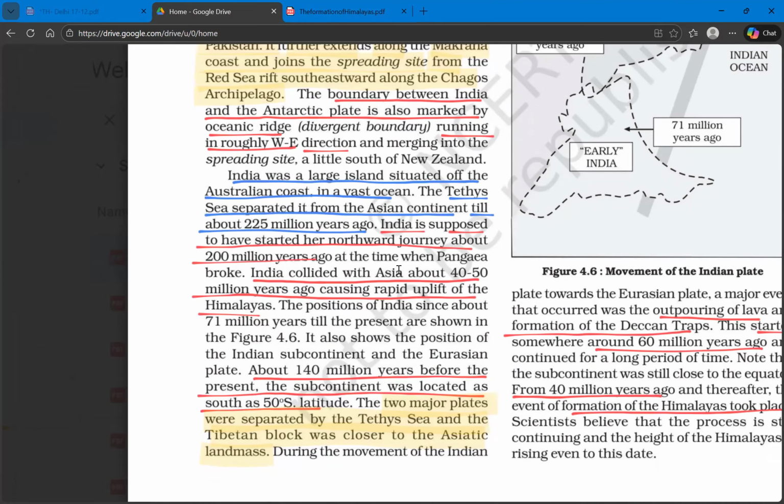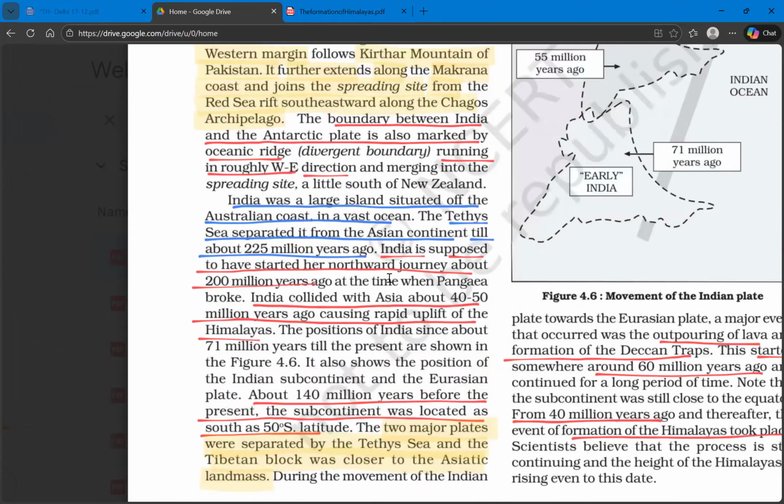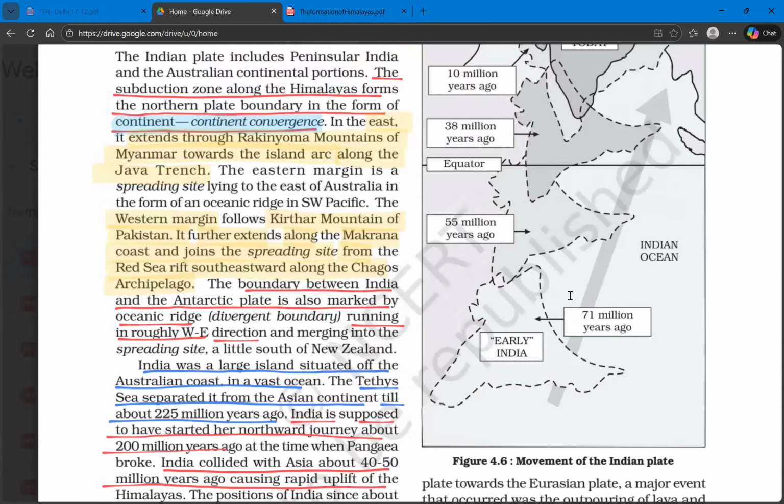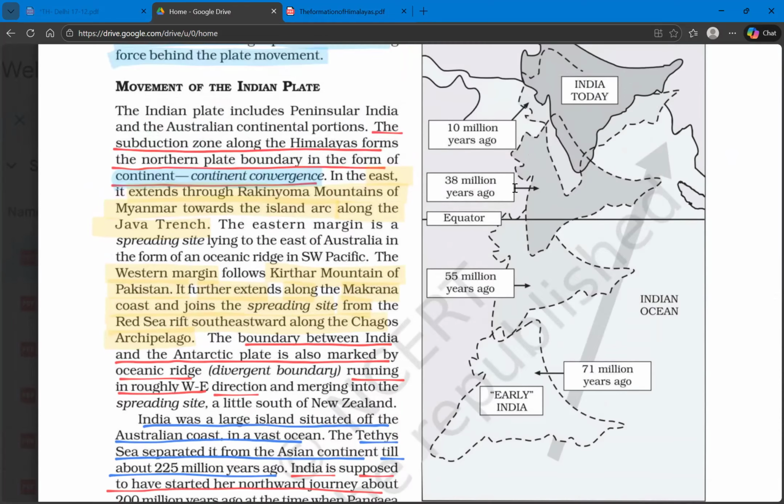The position of India since about 71 million years till the present is shown in figure 4.6. If you see here, this is around 71 million years ago, where India is still southwards of the equator. Around 51 million years ago, near to the equator. By 38 million years ago, it has almost crossed the equator.